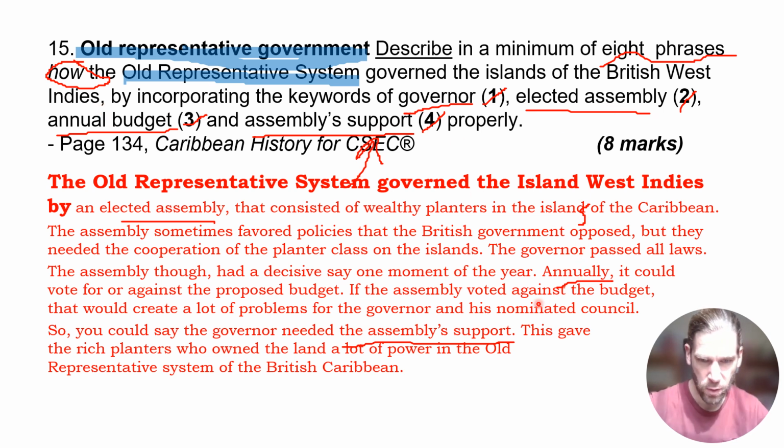Here, here, here, and here they came back. So I used them in my answer, and the complete answer is, referring back to the question, how the old representative system governed the islands of the British Caribbean. I have slightly more than 8 sentences because it has to be a complete, thorough and deep answer to the main objective.